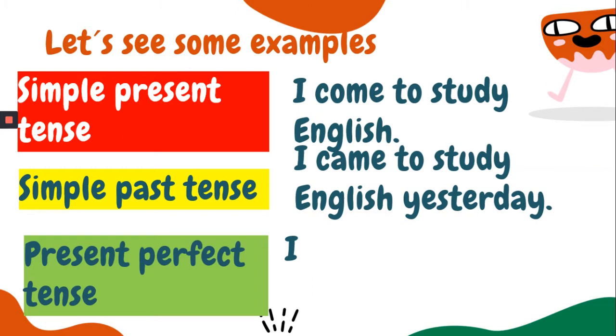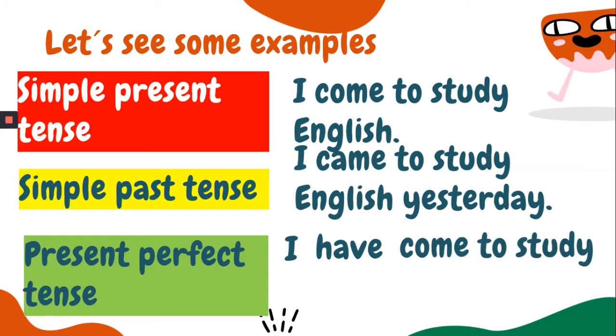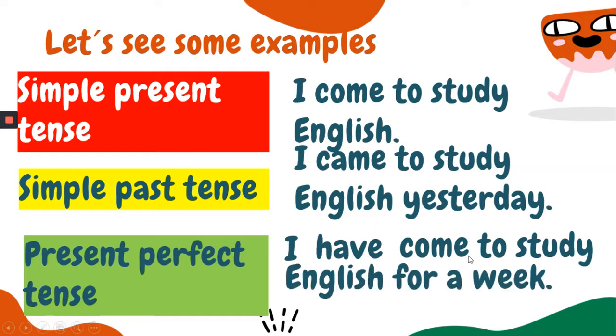So we're going to say that I have come to study English for a week. I began last week, I came today, and probably will continue in the future. So these were some of the examples that we could take a look at in order to see how they work.